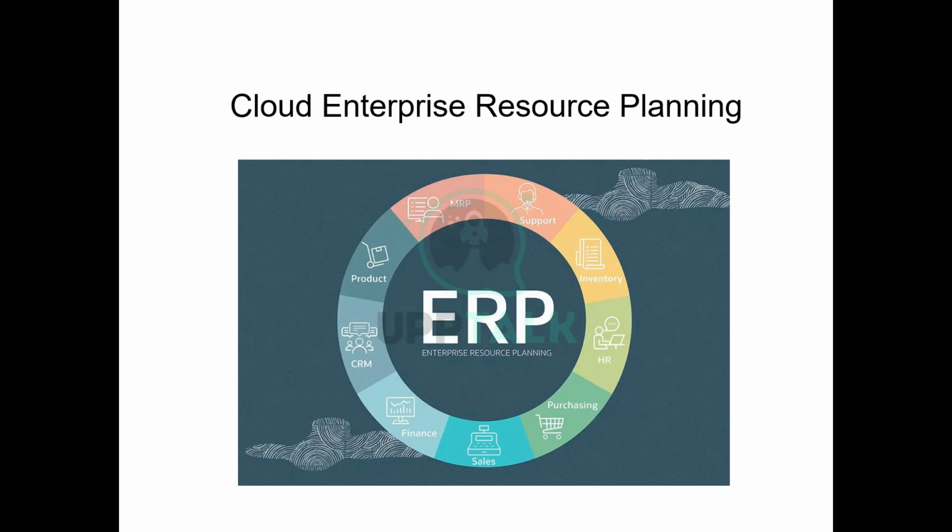ERP communicates between all the islands of information and creates a seamless flow between all the processes. This is what we call ERP, enterprise resource planning: we are doing resource planning for the enterprise. This is the basic definition of ERP.